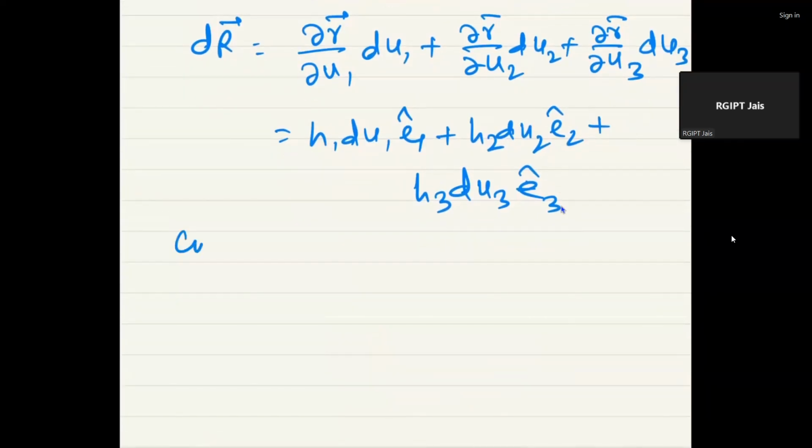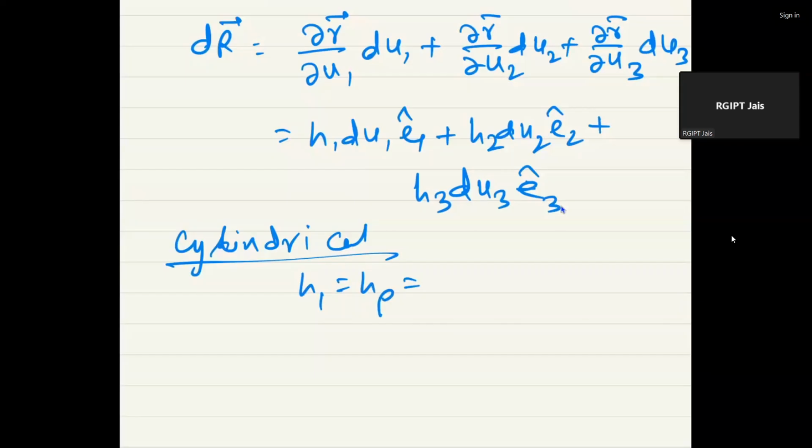Now, for example, in the cylindrical system, you know h1 equals h rho, that is 1, h2 equals h phi, which equals rho, and h3 equals hz, which equals 1.